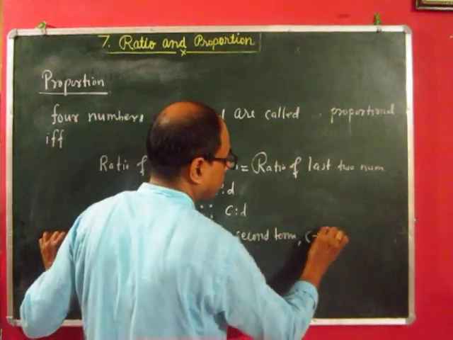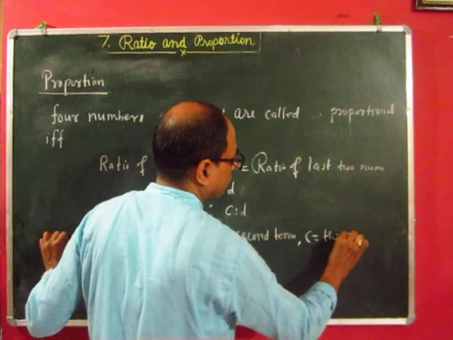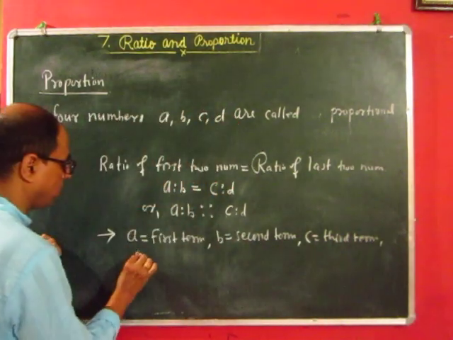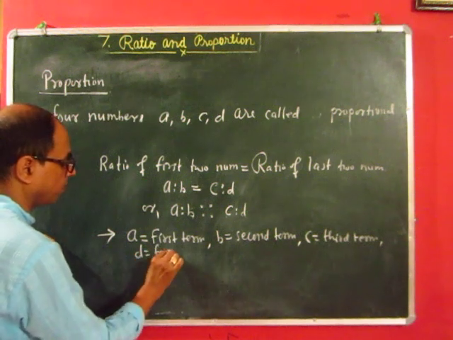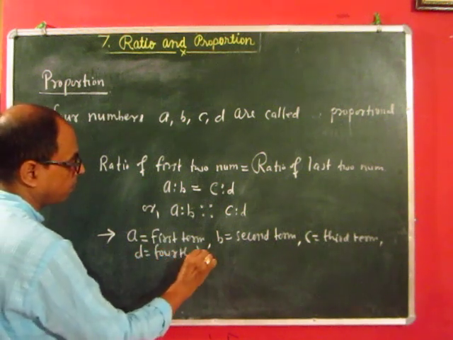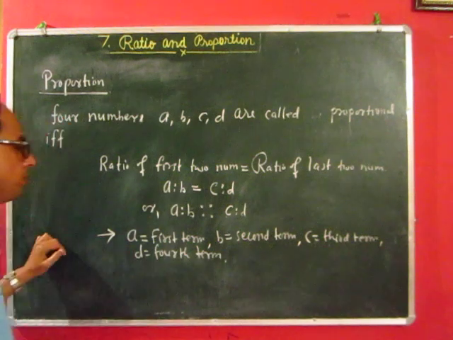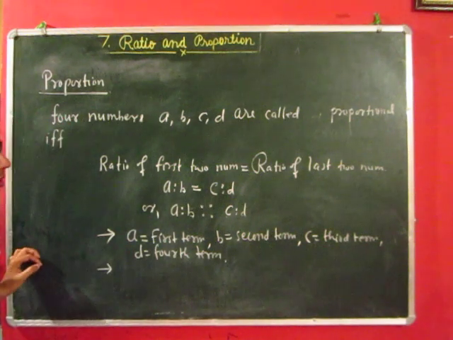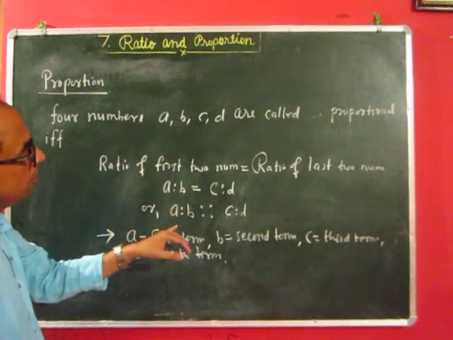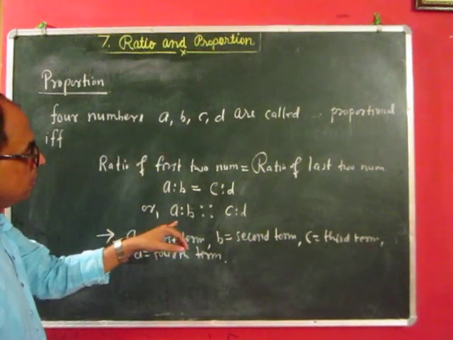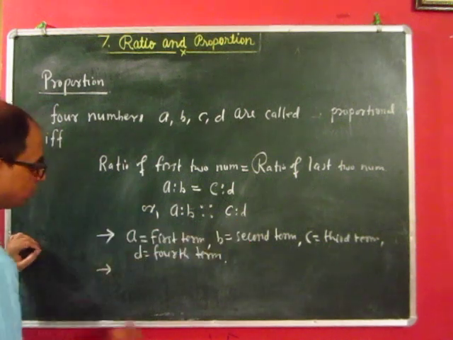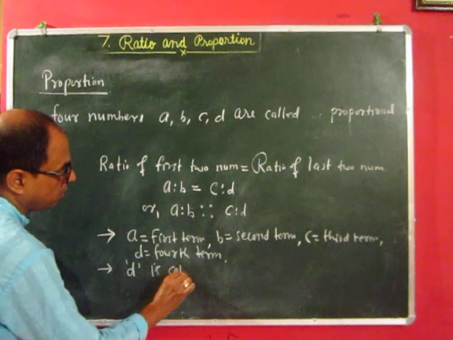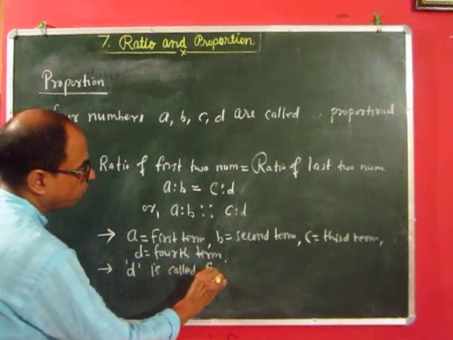C is called the third term. And D is called the fourth term. Now the second point you have to remember: this D is called the fourth proportional.